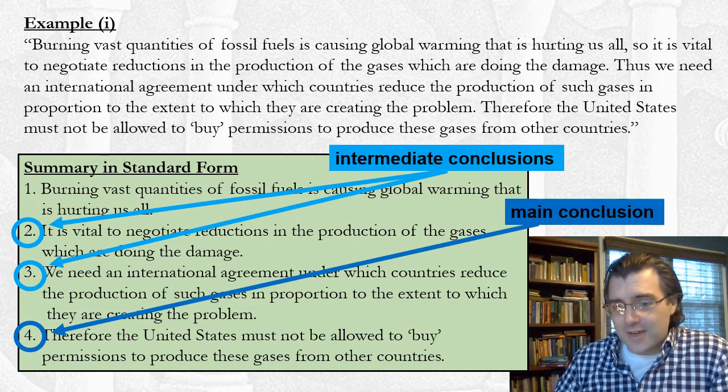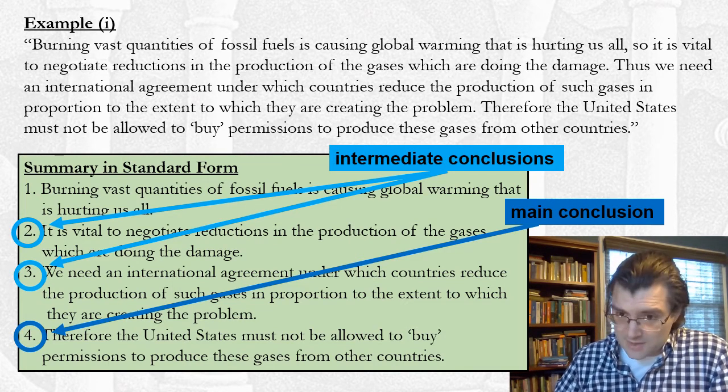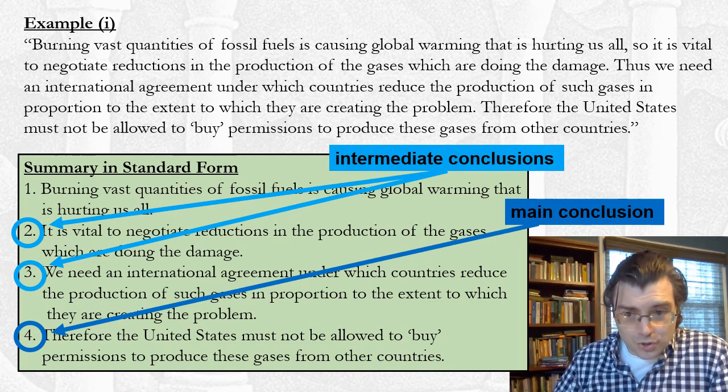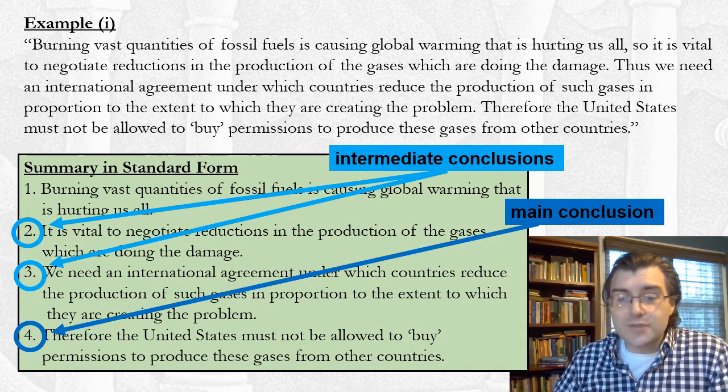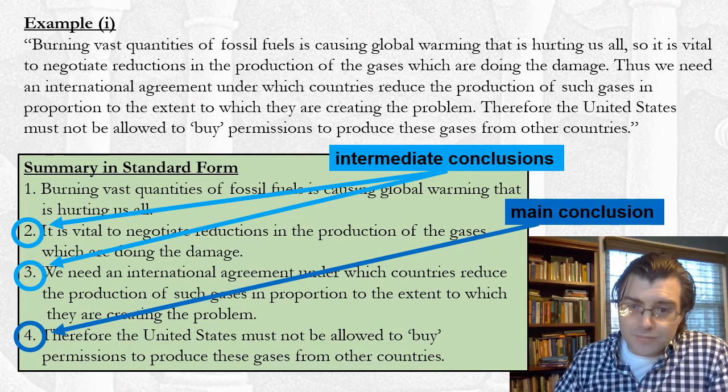So what we have here is a case where some of the premises are themselves conclusions drawn from other premises in the argument. We have a kind of structure where the first claim is serving as evidence for the second claim, which in turn is serving as evidence for the third claim, which in turn is serving as evidence for the conclusion.